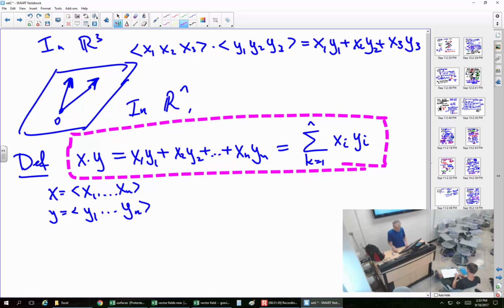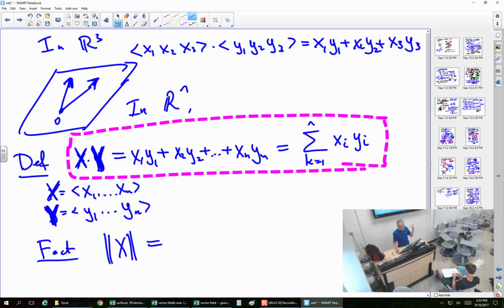The number one observation is that the magnitude of a vector can be expressed in terms of a dot product.